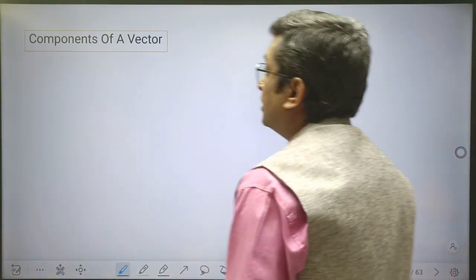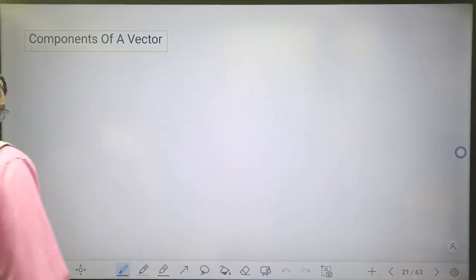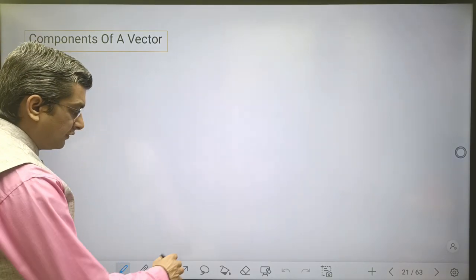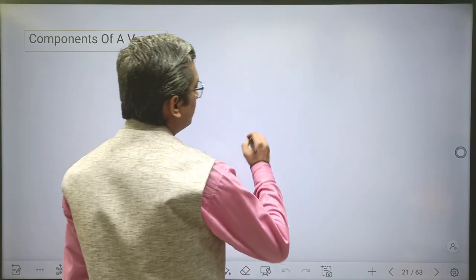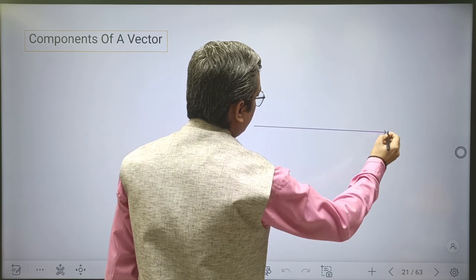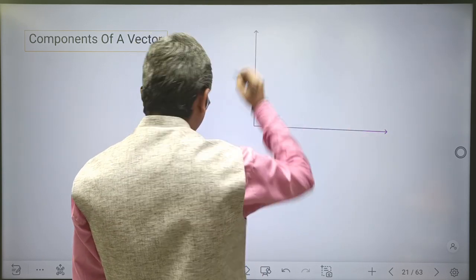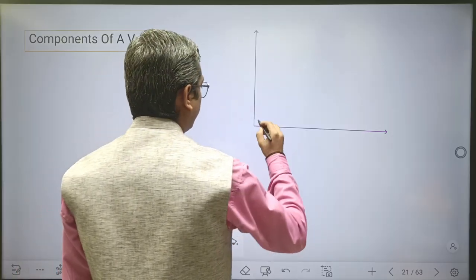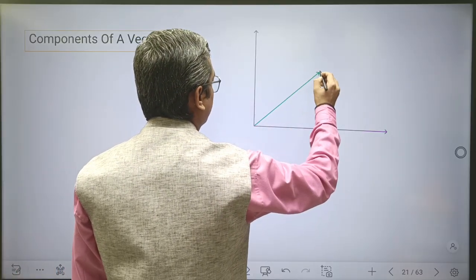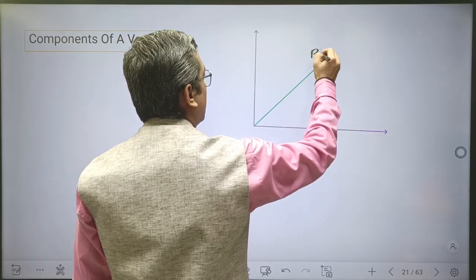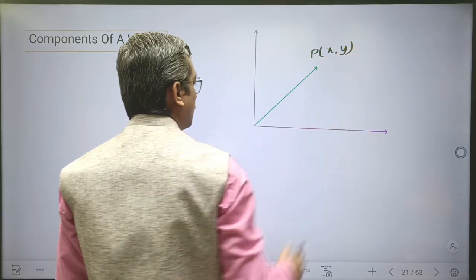Now next, components of a vector. Listen, suppose I take the x-axis and here the y-axis, and suppose I plot a position vector. This is point P having coordinates x, y.